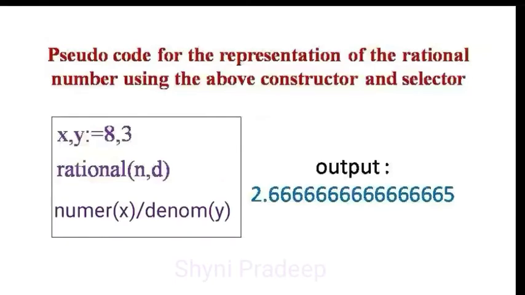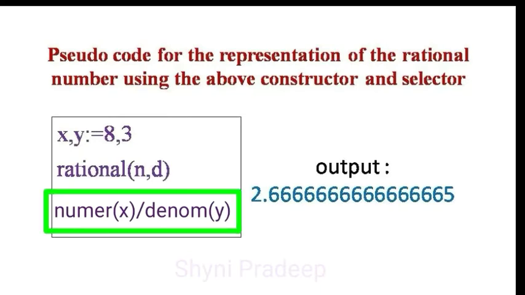Okay, what is the constructor function? Rational. Rational numbers have two parts. What are they? Numerator and denominator. Okay, n for numerator and d for denominator. So this is the function to build the rational number. And now we created a constructor. Next, write the selectors: numerator value of x divided by denominator value of y.